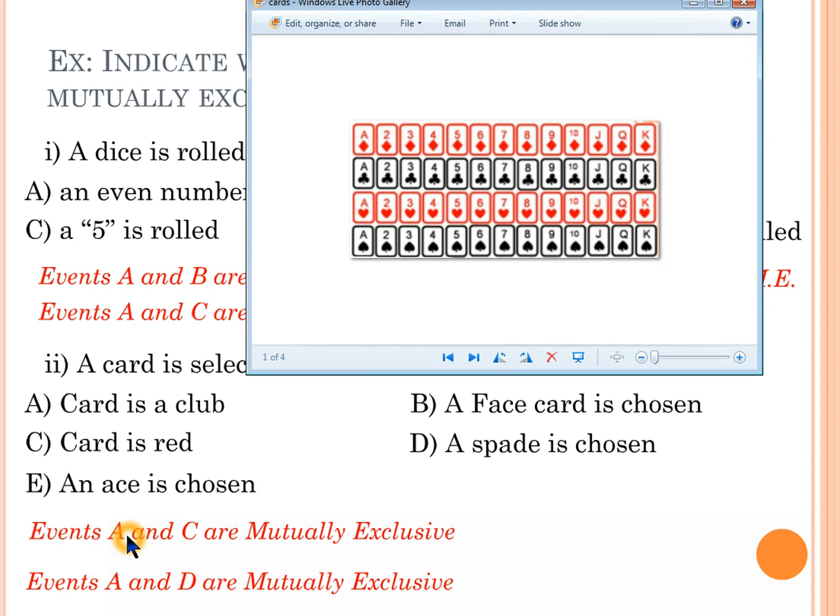Event A is actually clubs, so these are your clubs right here, and these are your spades down here. So I apologize for mixing up the different categories. So once again, A is a club, and these are your clubs, the second row. And the spades, which is event D, are at the bottom here. I do apologize for mixing up those two categories, and I think I mixed that up in the first example too, but hopefully you still get the idea of mutually exclusive.